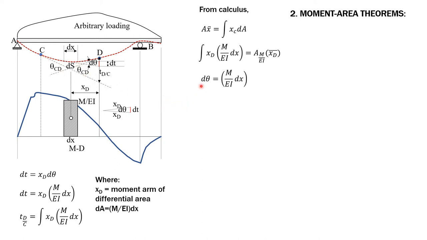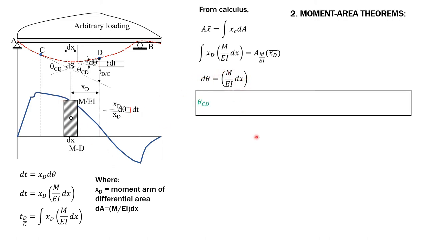Because differential theta is the area of this strip, M over EI dx, if we integrate that, we simply interpret that as the area under the moment diagram by parts between points C and D.